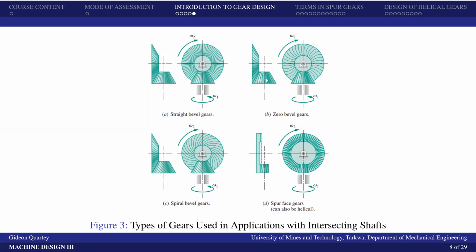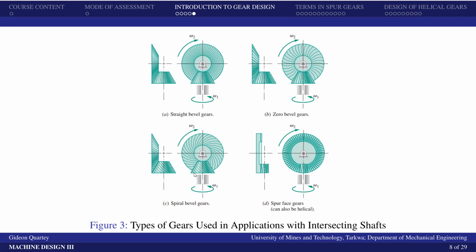We can say that the straight tooth bevel gear is similar to the straight spur gear, and the zero bevel gear is similar to the helical gear. So it is just a simple tooth bevel gear, but the teeth of the gear are inclined at a certain angle to the gear wheel.